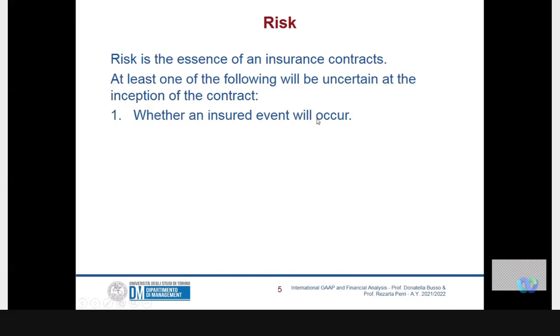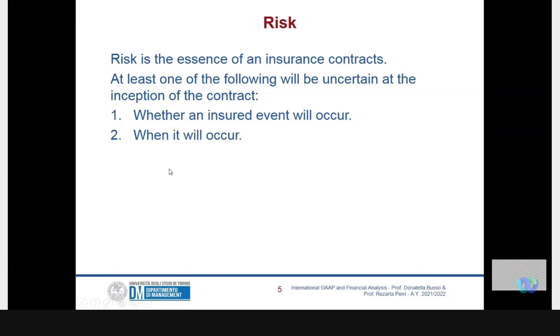Whether an insured event will occur, sometimes it's less likely that it will occur, but some kinds of insurance are mandatory by law in some countries. For example, car insurance. You cannot go out driving a car without buying proper insurance to cover for the damages. So probably the insured event will never occur, but still it will be covered in a policy or an insurance contract.